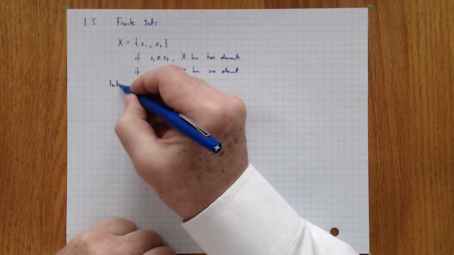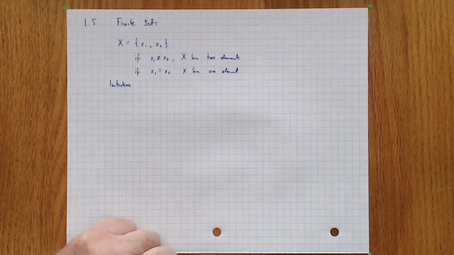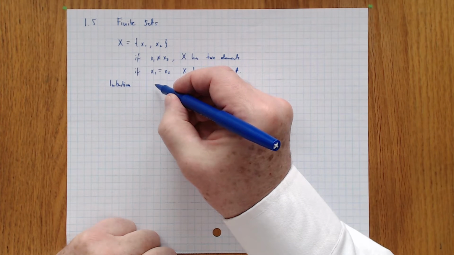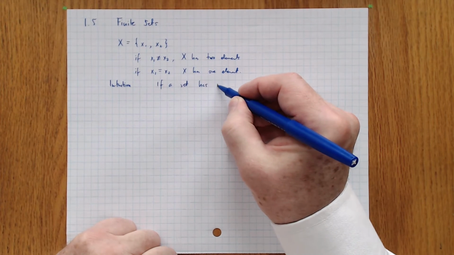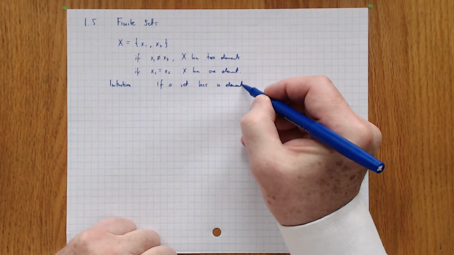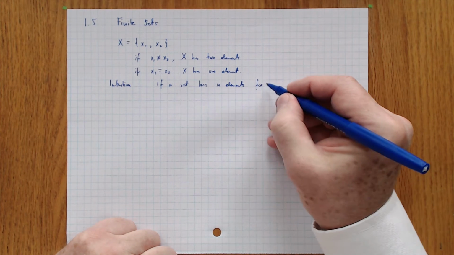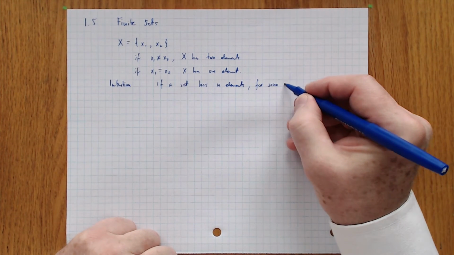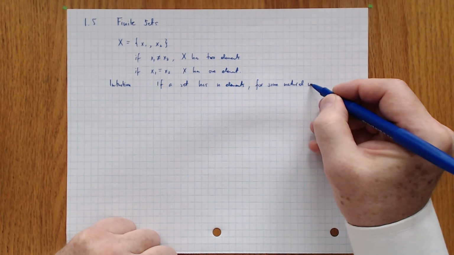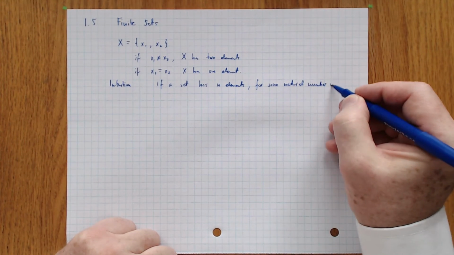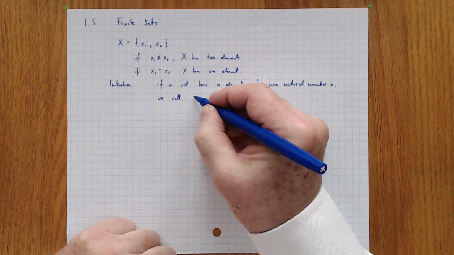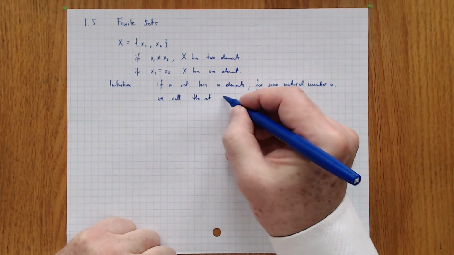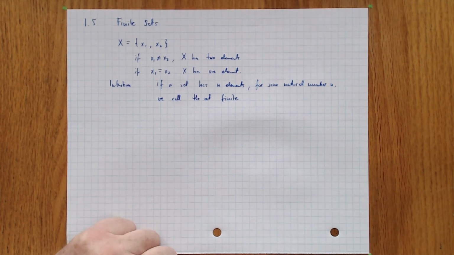Here is an intuition we want to formulate at this point. If a set has n elements for some natural number n, we call the set finite.